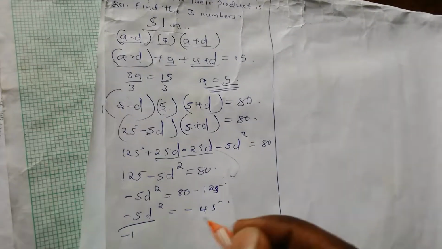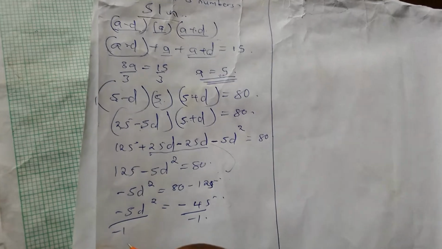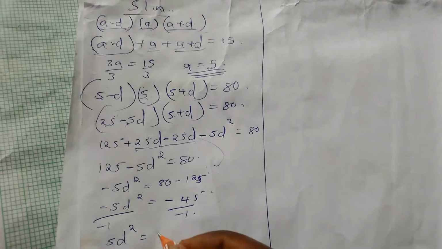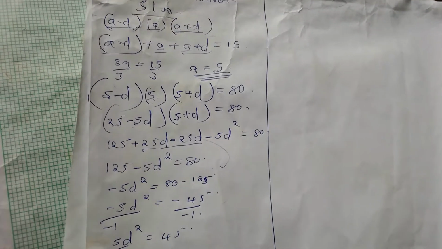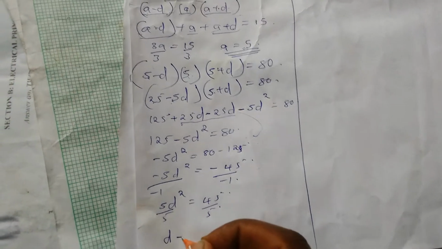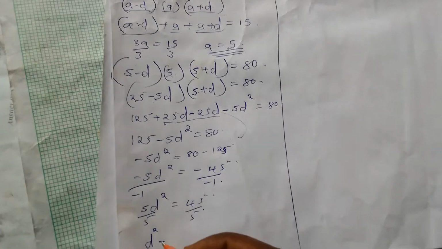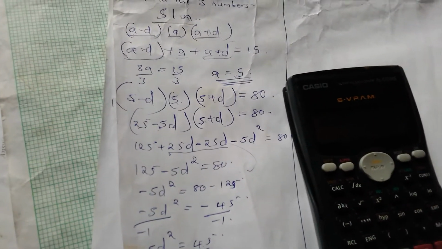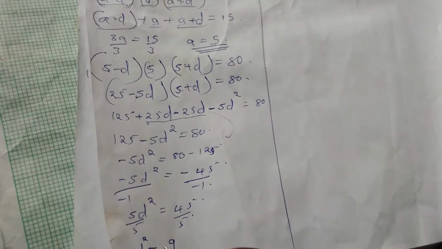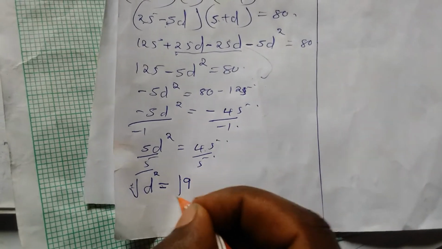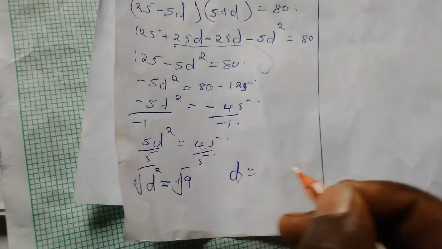Dividing each side by negative 1, you are just going to remain with 5D squared is equals to 45. Divide each side by 5, and you are going to remain with D squared is equals to 45 divided by 5. 45 divided by 5 is 9. Then at that point, you just write square root in both sides. So D is equals to 3.